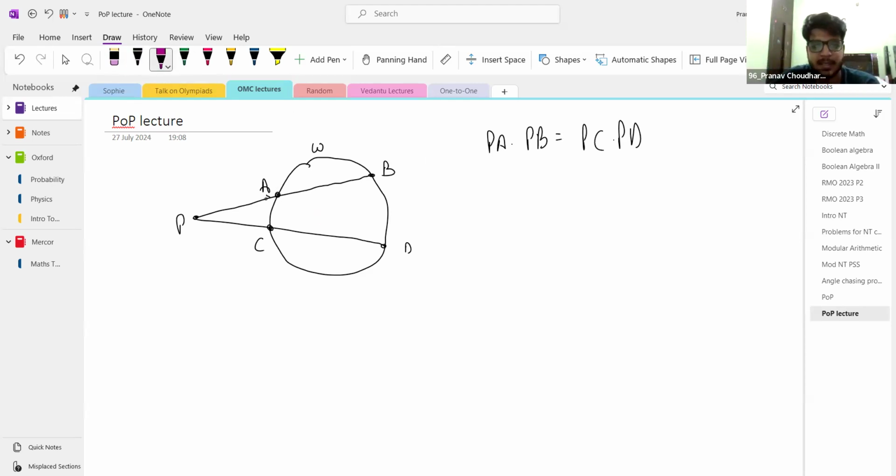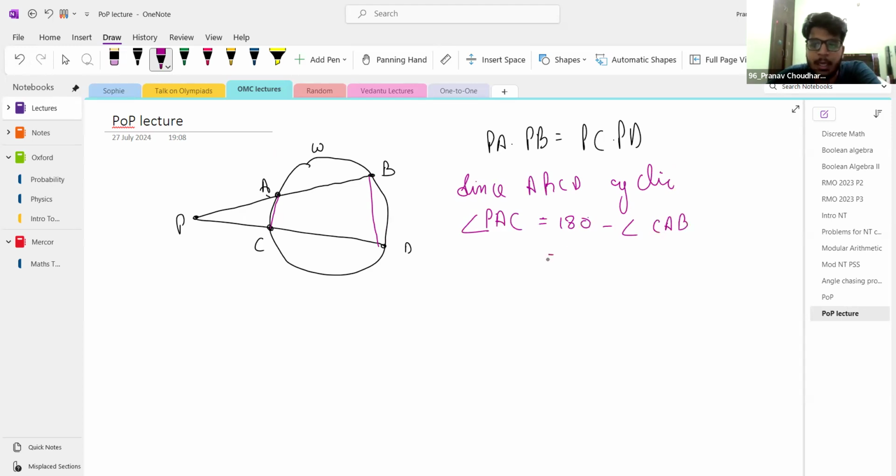But the thing is, it's basically just similarity. Since ABCD is cyclic, we have angle PAC equals 180 degrees minus angle CAB, which equals angle BDC, or you can say it equals angle BDP.